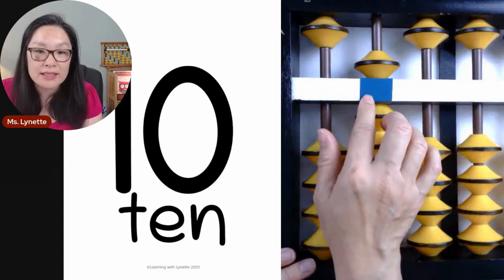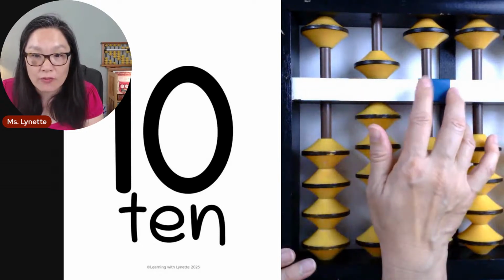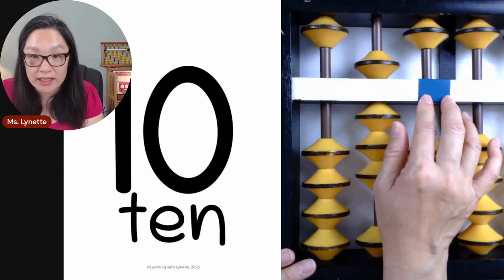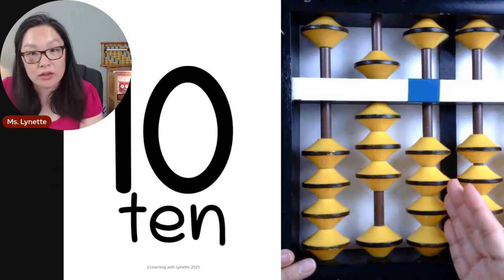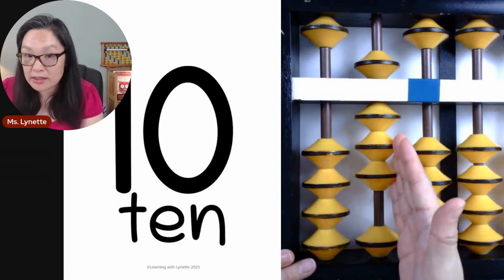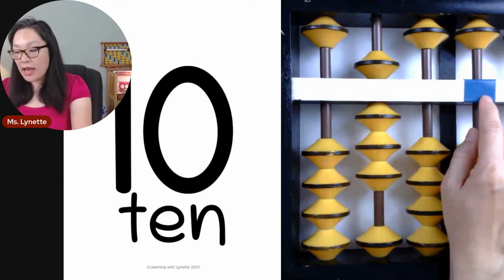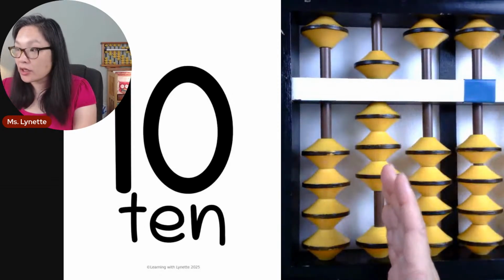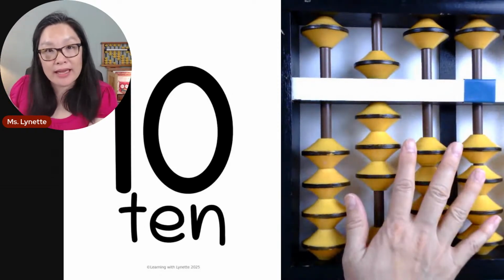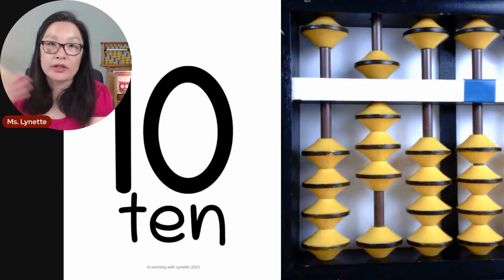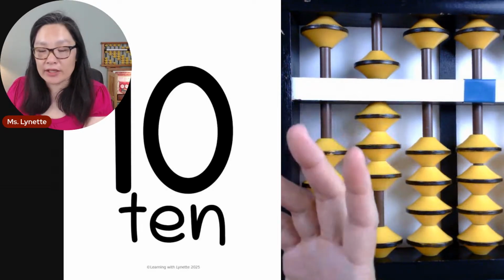Because this is my teacher's abacus, if I move my marker to here, then this is now considered the ones column. So this would be considered 80, right? I can move my marker, and this would be 800. So it's interesting to know that on the abacus, it's part of understanding what the place value is.